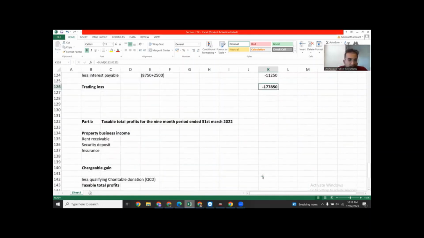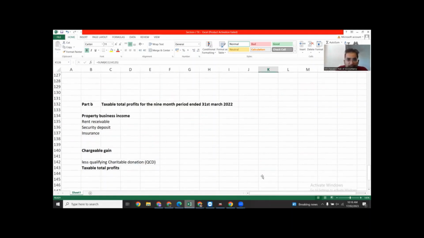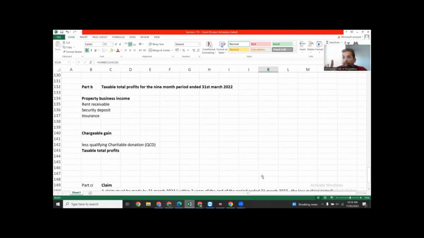Now, the next thing is property income. Requirement number B, they told you to calculate property income and gains. Hope you remember, they gave you rent for 6 months. 6 months rent was 6,600, but on accrual basis, we'll only include 4 months.